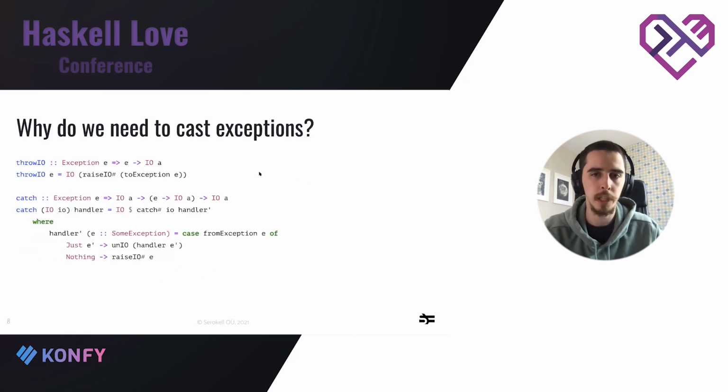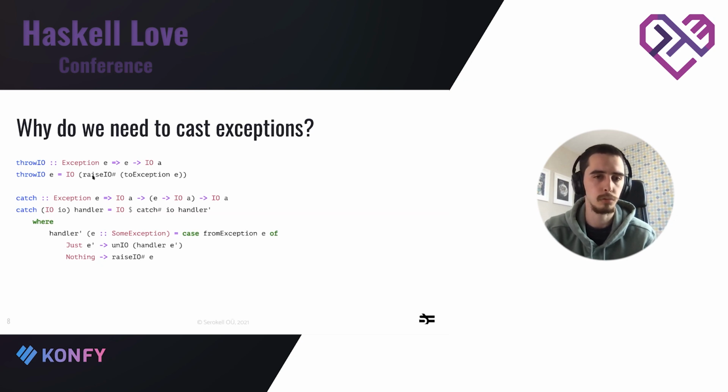Now we can see why we need to be able to cast exceptions. So at the low level, there are raise#, raiseIO#, and catch# primitives that work with SomeException type. However, we want throw, throwIO, and catch functions to work with any exception value, so to be polymorphic in type e.